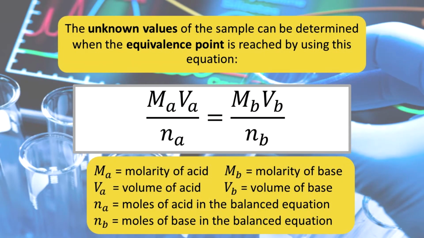The unknown values of the sample can be determined at the equivalence point by using this equation, wherein M_a and M_b represent the molarity of the acid and the base, V_a and V_b represent the volume of the acid and the base, and n_a and n_b represent the moles of the acid and base in the balanced chemical equation.